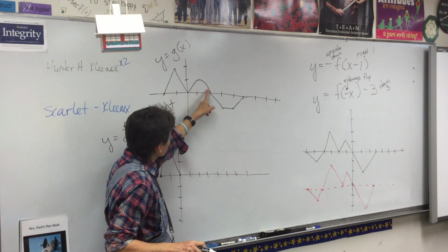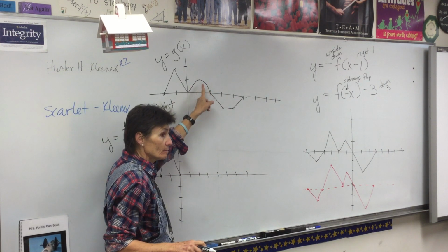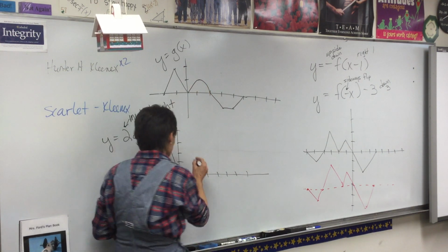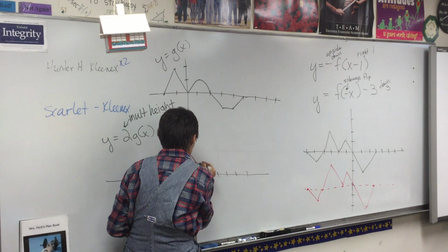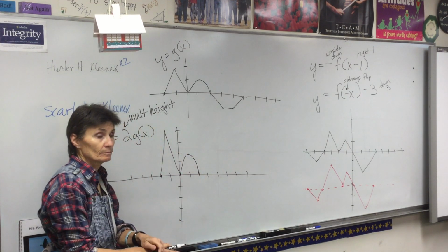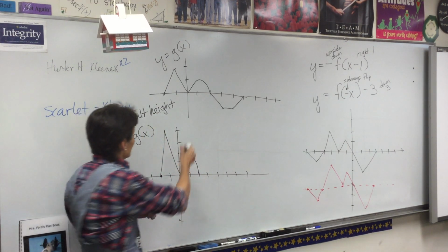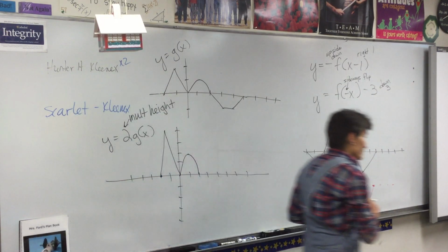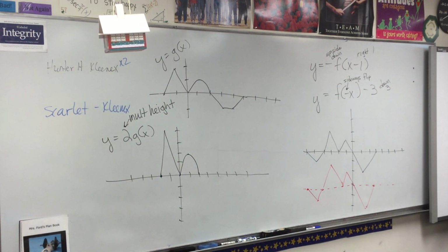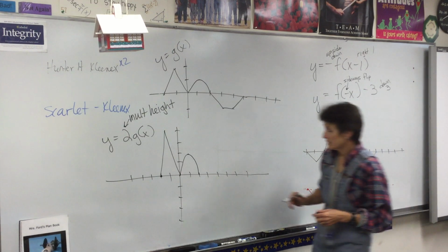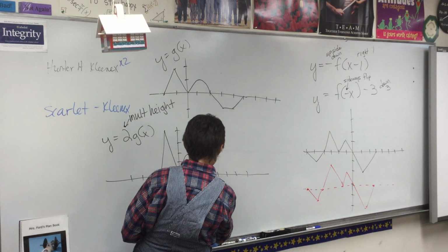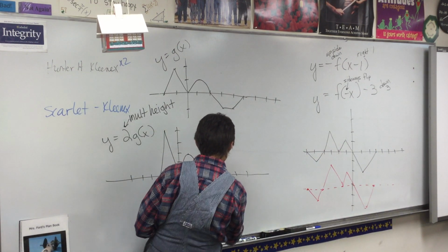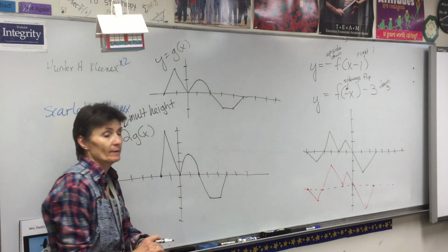How tall is my little semicircle right here? 1, so now it's going to be 2. And is that trapezoid down 1? Yep. So now it's going to be down 2. And that's all there is to it.